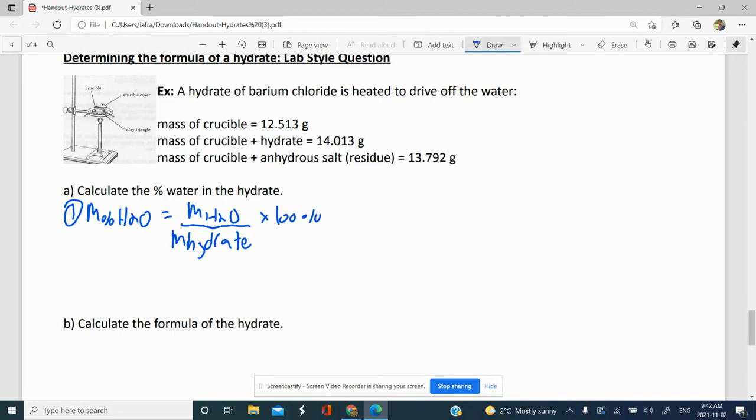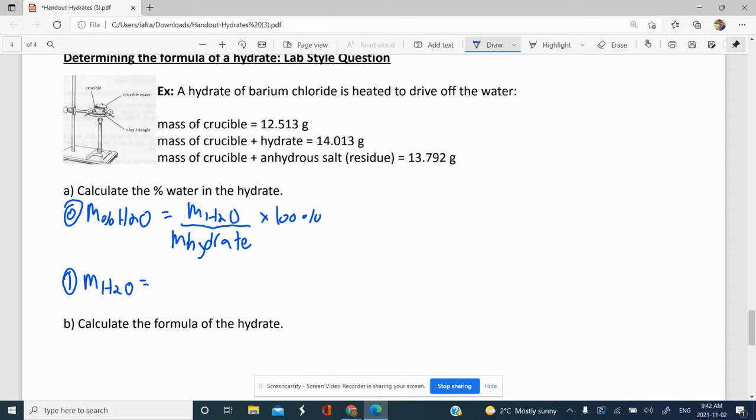So we need to figure out what the mass of the water is. There's a few ways you can do that. I'll put this really as my step 0, because I'm not really there yet. It'll be our final step at the end. But we need to figure out what our mass of water is.